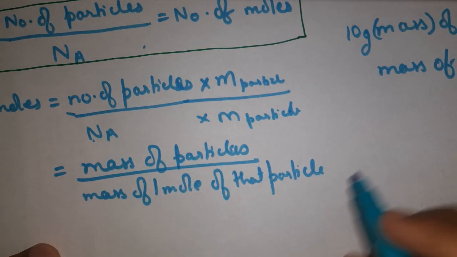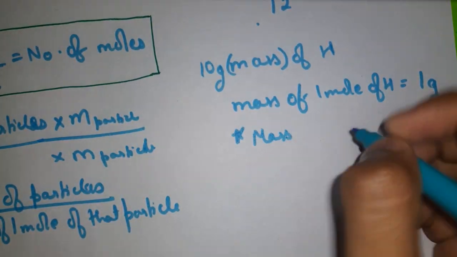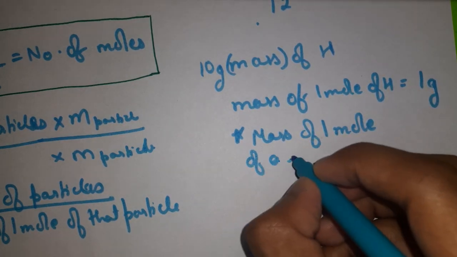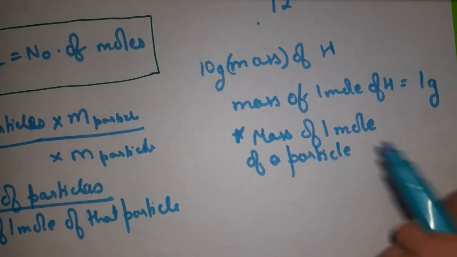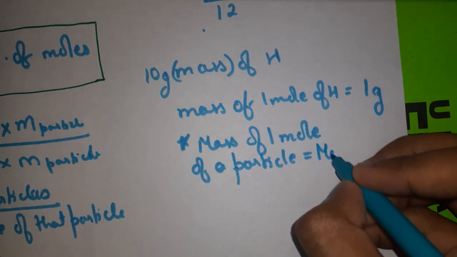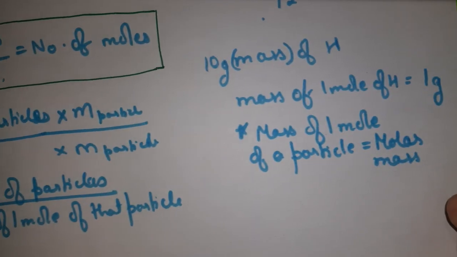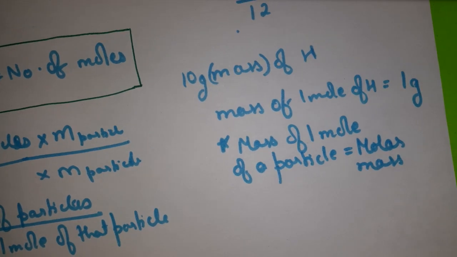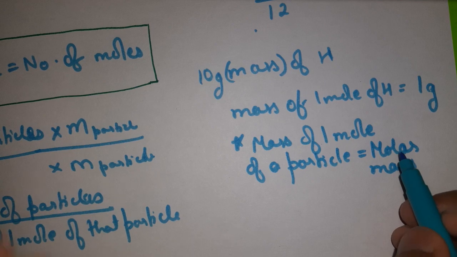And this is another definition: the mass of 1 mole of a particle is termed molar mass. It's very simple, right? Mass of 1 mole of a particle is the molar mass of that substance. It's an easy name, right? Molar mass.